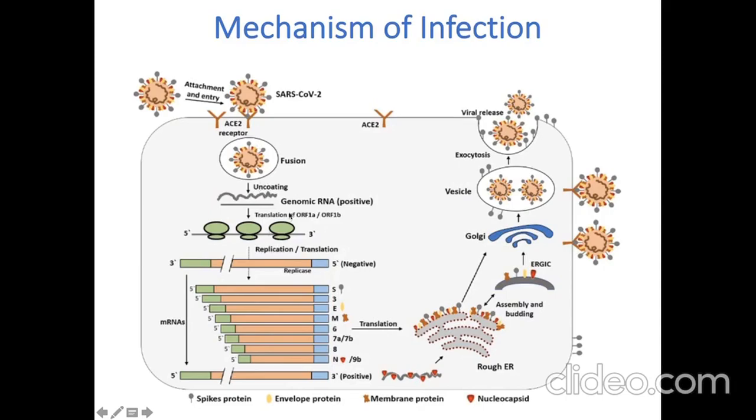As I said, its genome is RNA-based, and it's a positive RNA-based viral particle. So it means that they don't need replication and transcription first. The genome is right away available for translation.